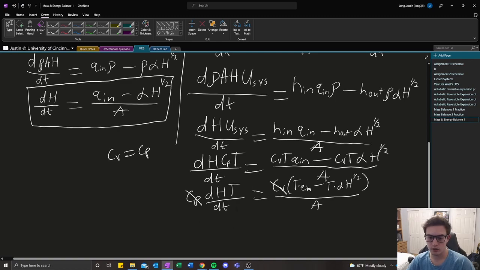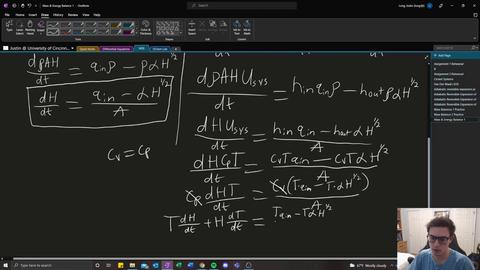And so now we're going to apply the chain rule. So we're going to be left with the temperature times the change in height with respect to time, plus the height times the change in temperature with respect to time. And that is going to be equal to temperature times the flow rate in minus the temperature times alpha h to the 1/2 over the area.